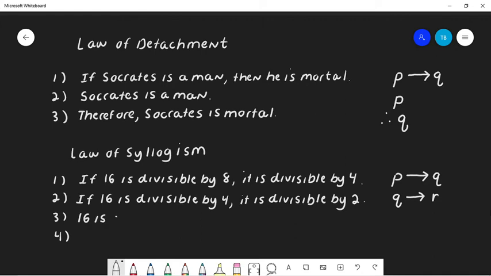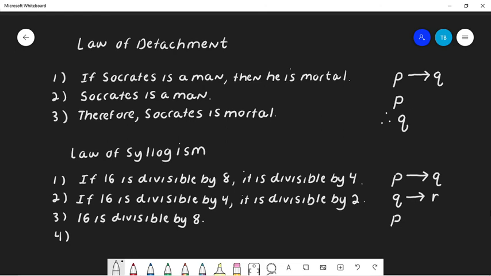So we'll just bring that down right here. 16 is divisible by 8. And remember, since that's the original hypothesis in the first conditional, symbolically we would just write P. And since we are affirming the original, and Q follows from P, and then R would follow from Q, then we can affirm that R, which is the conclusion in the second conditional, is also true, or it follows necessarily from the fact that P is true.